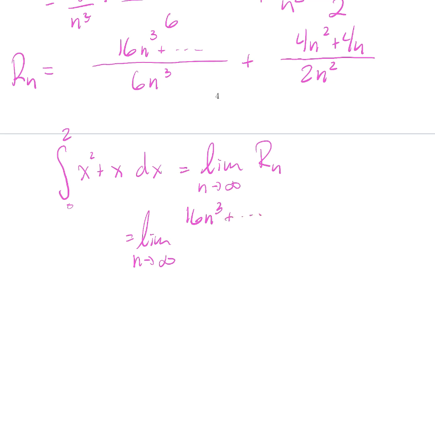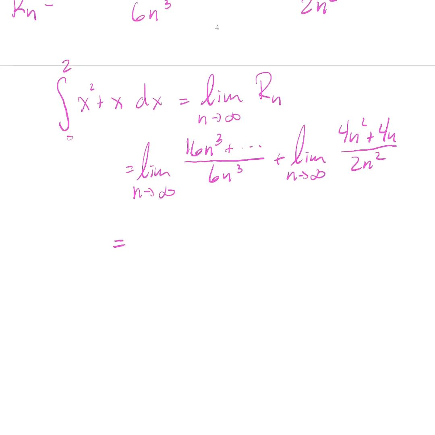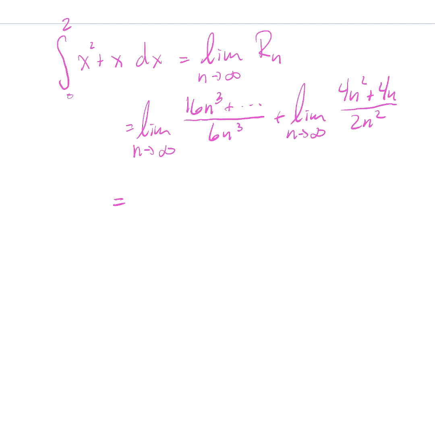So it's the limit of 16n cubed plus some other terms over 6n cubed plus the limit as n tends to infinity of 4n squared plus 4n all over 2n squared. And we're in the same situation as we were above. These limits are both the ratios of the leading coefficients, and we get 16 over 6 plus 4 over 2, which looks like 2 2/3 plus 2. So 4 2/3 square units.